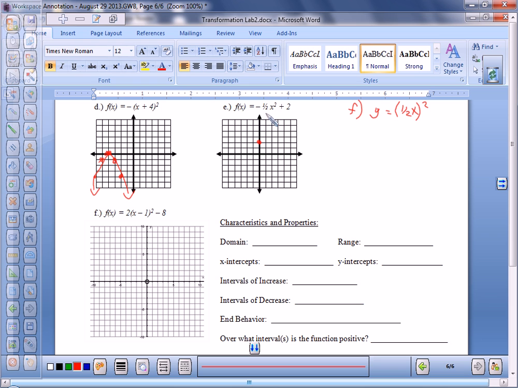Instead of going over 2 and down 4, we're going to go over 2 and down 2. And the same thing happens on the other side. At this point, have you noticed that all of these have been symmetric? There's an axis of symmetry that goes through the vertex.